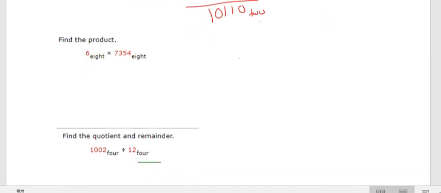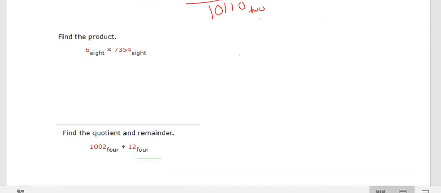Okay, let's multiply. So here we have 7, 3, 5, 4 in base 8 times 6 base 8. Since we're in base 8, remember that the only digits you can use are 0, 1, 2, 3, 4, 5, 6, 7. And so here 4 times 6 is 24.